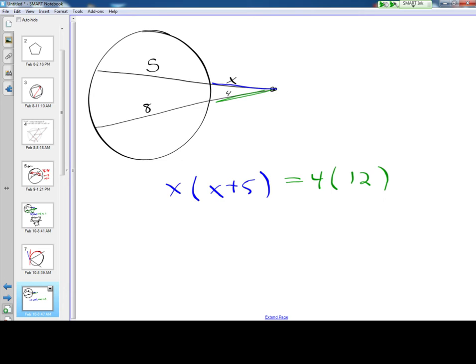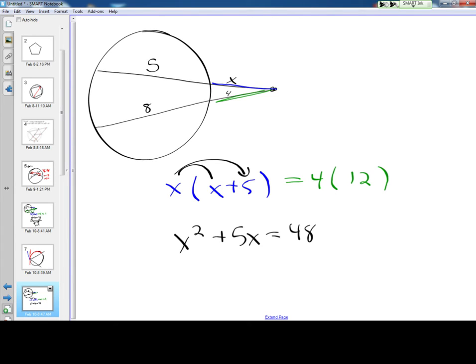So here's what we got. When you go on this side, I've got to distribute, which means I've got x squared plus 5x is equal to 48. But that's not like terms, so I'm going to have to use my distributive property here.